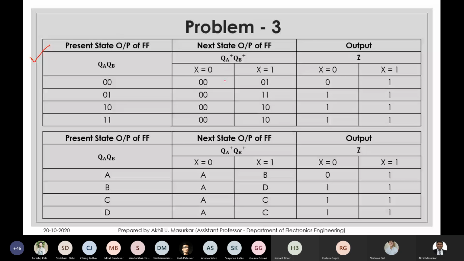So what I have done here is this is A, this is B, this is C and D. So accordingly you will replace everything here also in the same way.